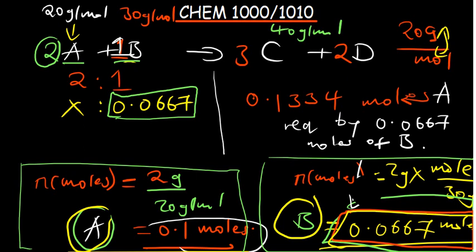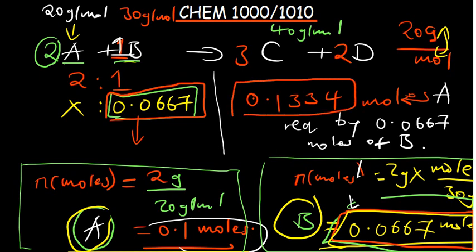So now, let me repeat again. This is the point that we are making for our own information. These are the number of moles actually available for B. So now we've determined that these number of moles of B need those number of moles of A to finish up.